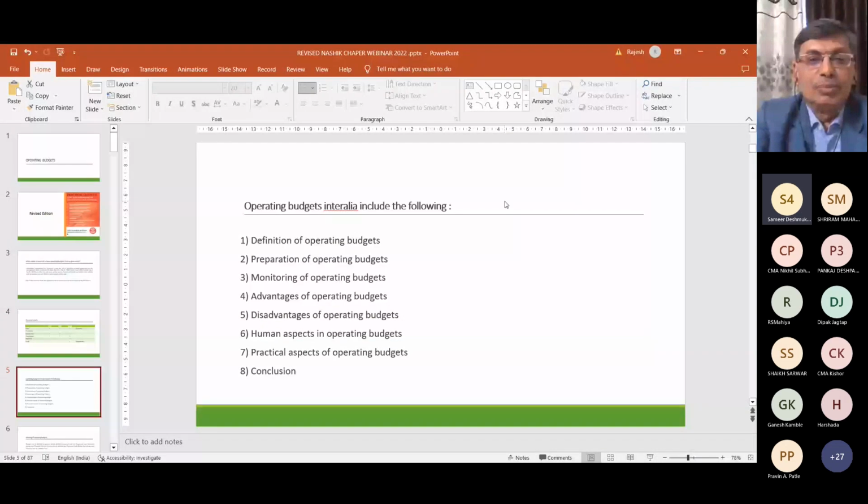Now, these operating budgets include the following steps: the definition of operating budgets, how the various operating budgets are prepared, and what factors are considered for preparation of those budgets. Then how operating budgets are monitored against actuals. In that case, the budgets and actuals are compared.